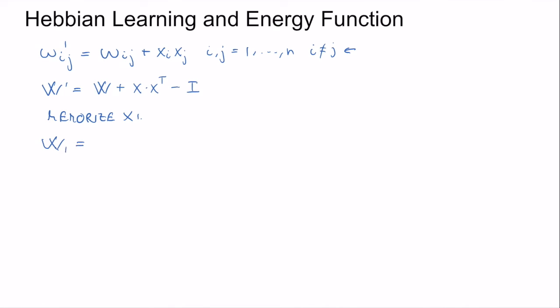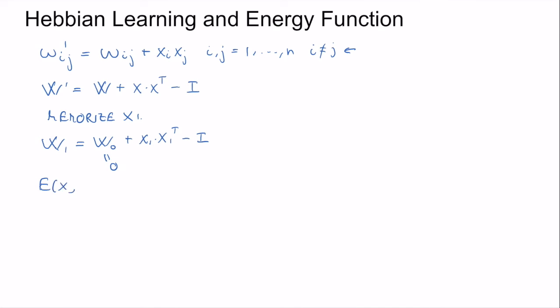So W1 is going to be equal to the initial value of the weights, which is 0, plus x1 times x1 transpose minus the identity matrix.